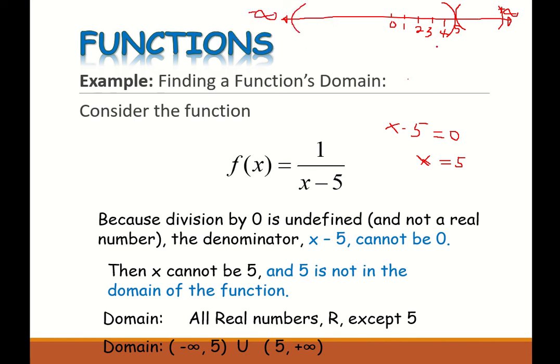So for this interval, we have negative infinity on the left side and 5. And for the other interval, we have 5.